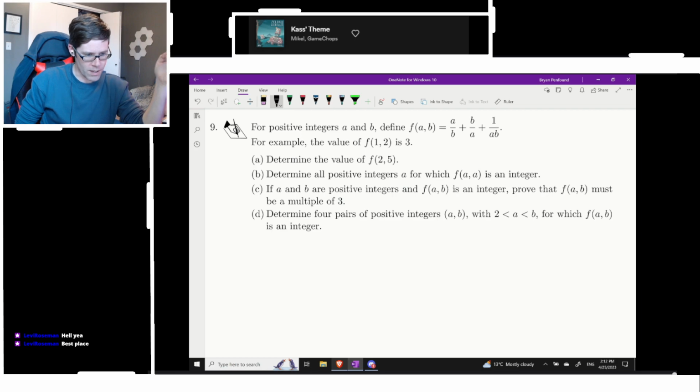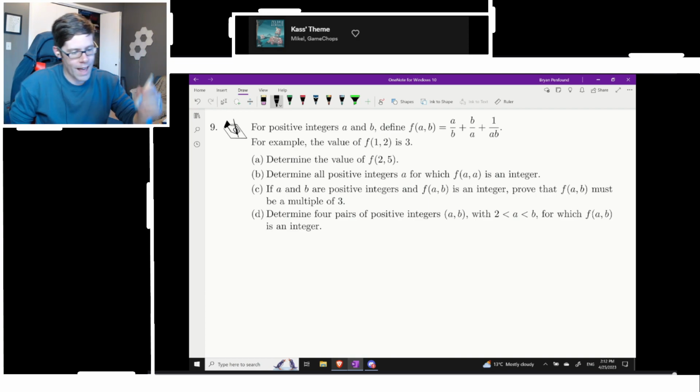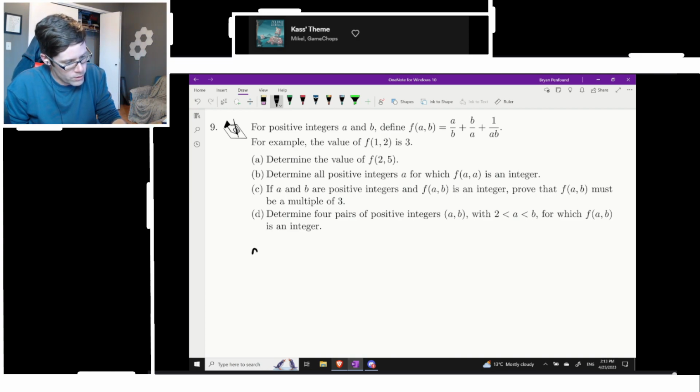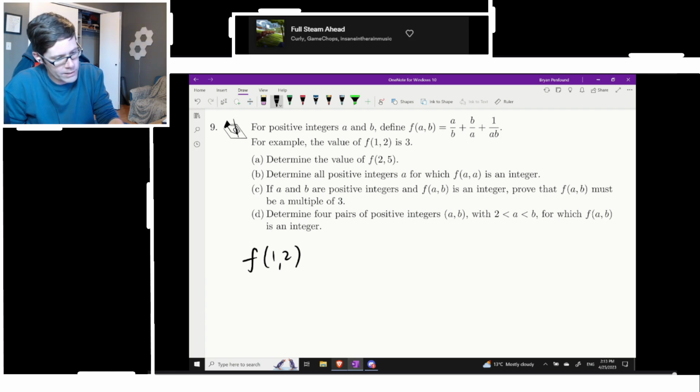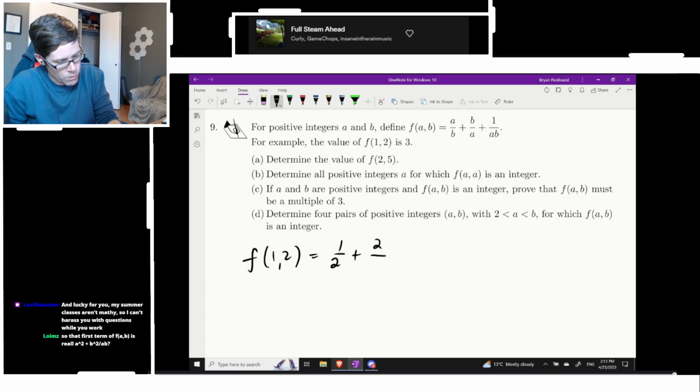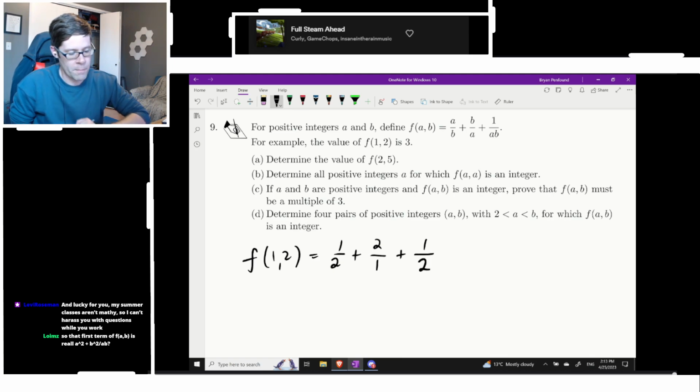So what is this? For positive integers a and b, we're going to define a multivariable function. F of a and b is a over b plus b over a plus 1 over ab. So for example, the value of f(1,2), let's just double check this. f(1,2) should be 1/2 plus 2 over 1 plus 1 over 2 times 1.